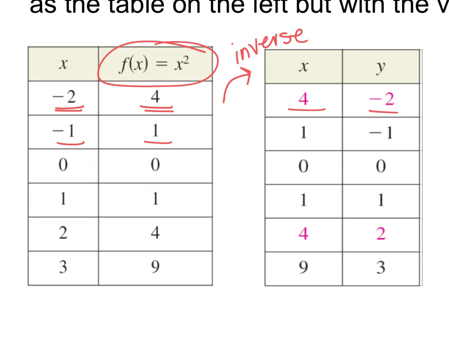And if you do that, you notice that the 4 has 2 outputs. But we know for a function, each input can only have 1 output.